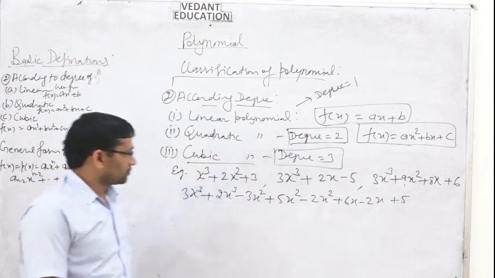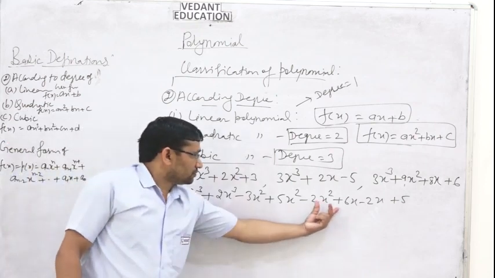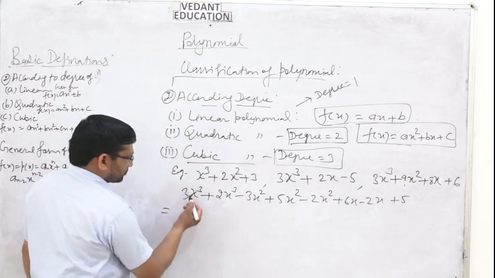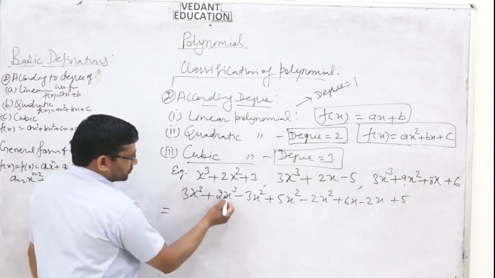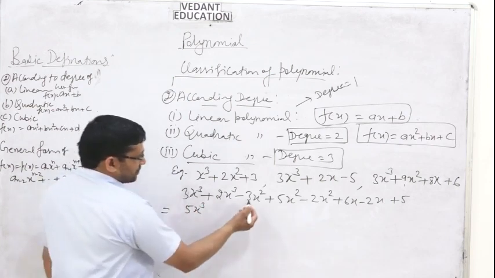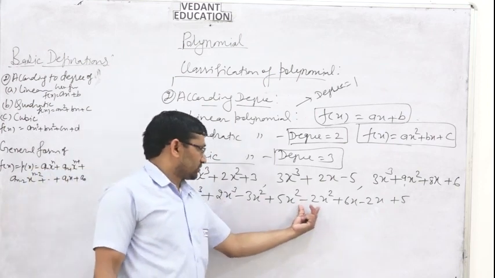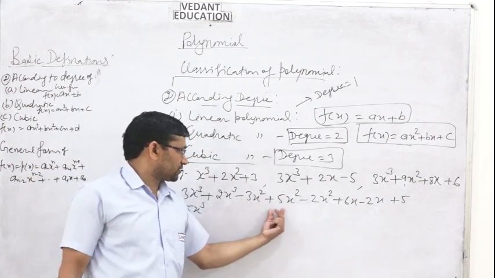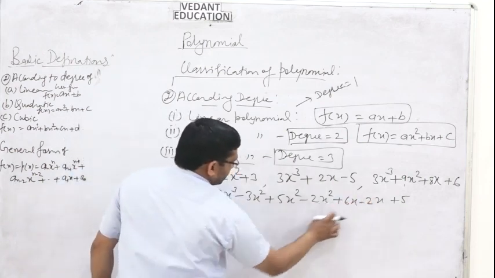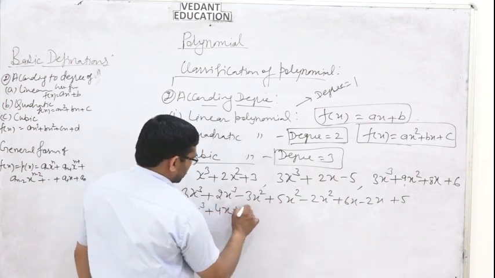This is also a cubic polynomial, but we can easily convert it into simple form. 3x cube plus 2x cube, it means 5x cube. Then minus 3x square plus 5x square and minus 2x square, it means minus 5x square plus 5x square, that is 0. Then 6x minus 2x, it means plus 4x, and plus 5.